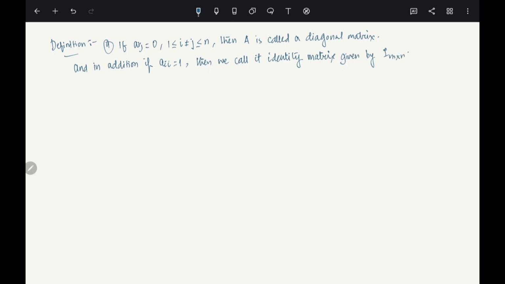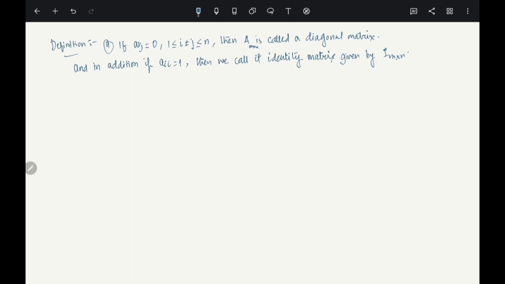Please remember these are the notations which I am going to use throughout the lecture, so I am not going to explain them all the time. So an m cross n matrix with aij equal to 0 off the diagonal is a diagonal matrix, and if the aii's are 1, that is the identity matrix, which will always be written as I m cross n.